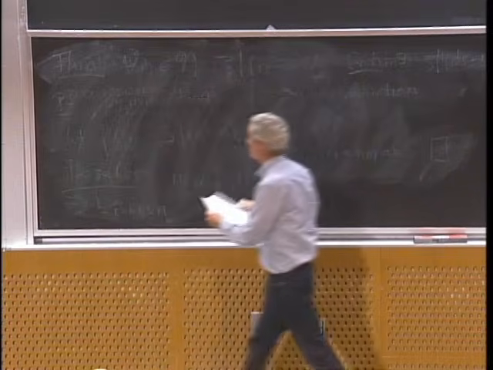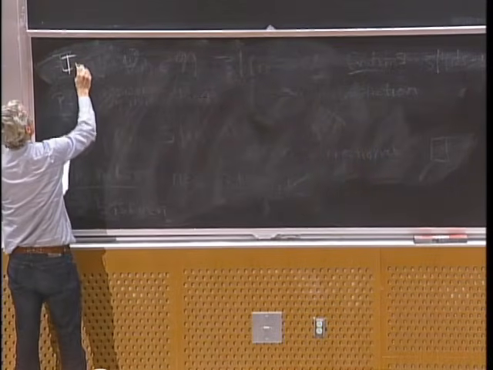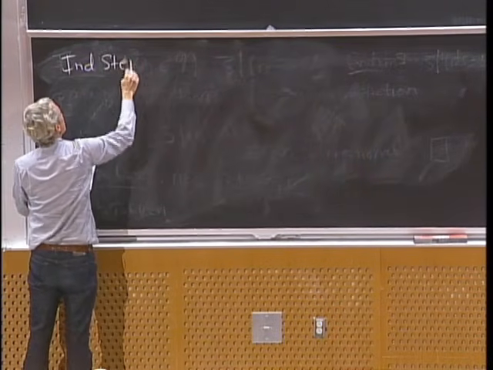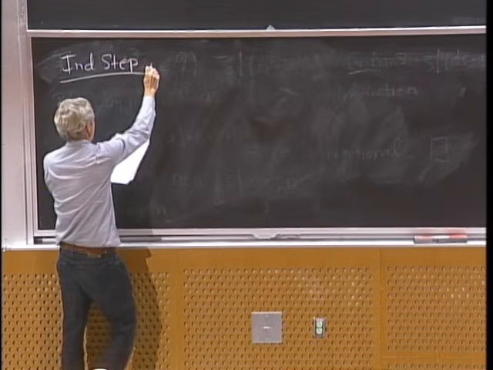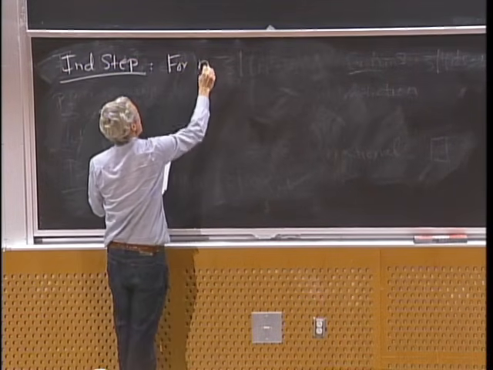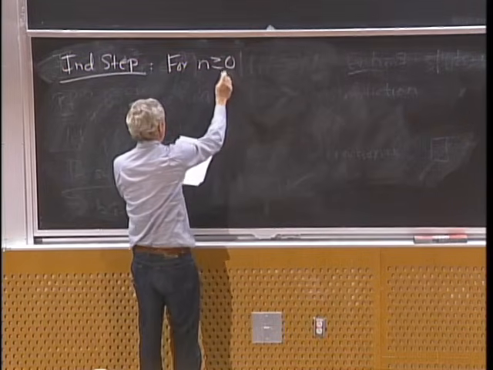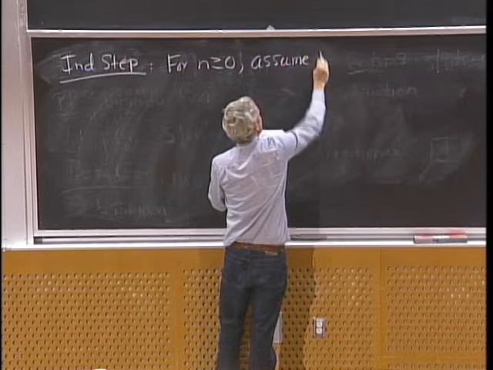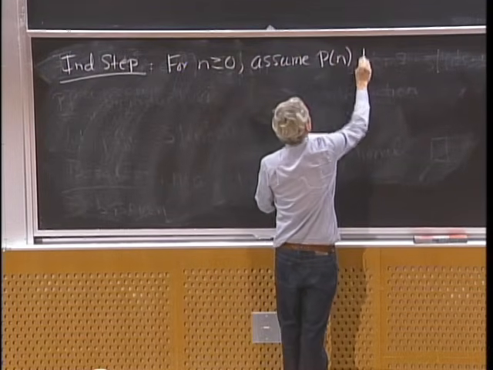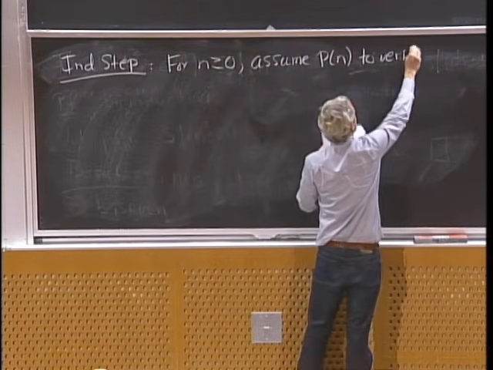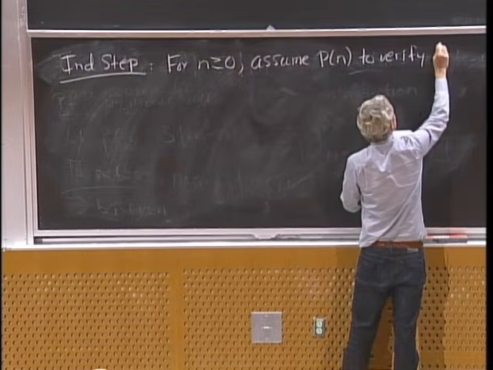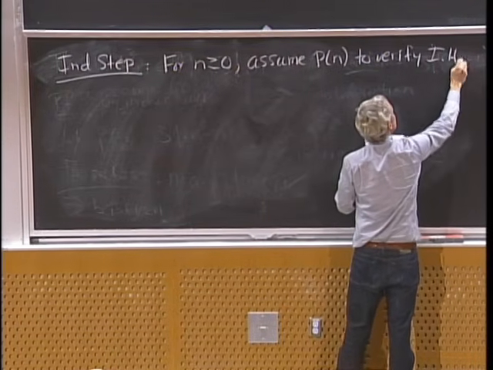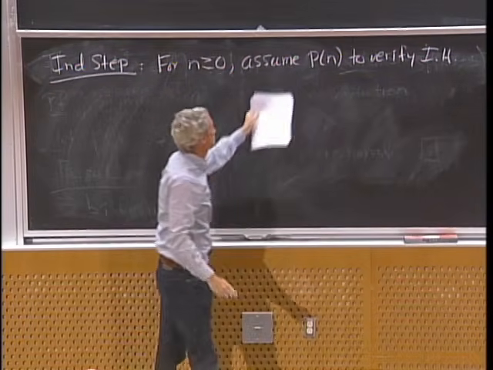Okay, so the inductive step. For n bigger than or equal to 0, got to remember to keep track of that, we assume Pn to prove Pn plus 1. A lot of ways to write this down, but you always want to say what you're assuming and why.